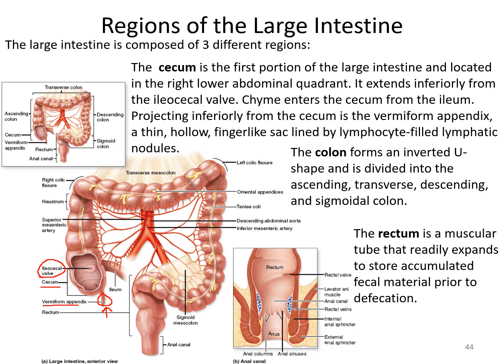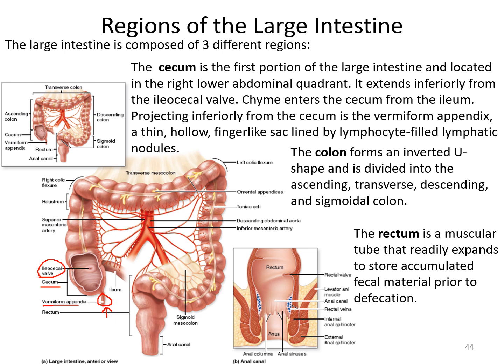If somebody says, what are the regions of the large intestine? There's the cecum, the colon, and the rectum. If somebody says, what are the regions of the colon? You've got A for ascending, transverse, descending, and sigmoidal. So keep that in your mind.